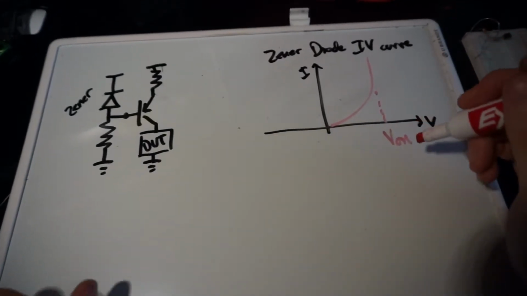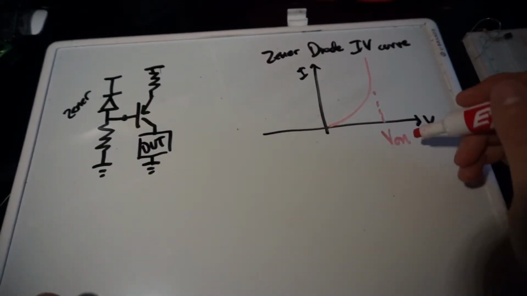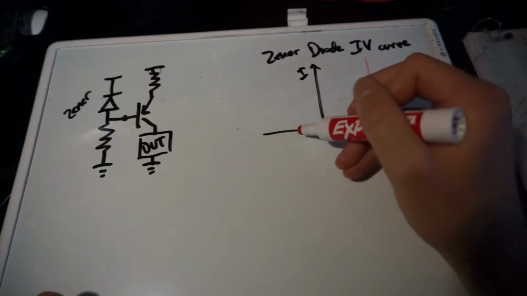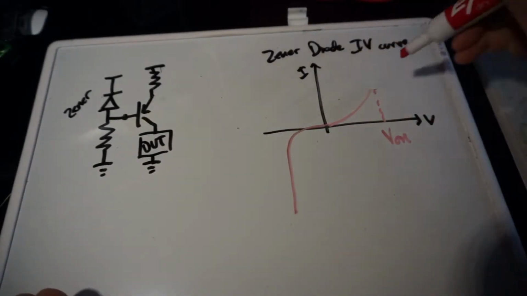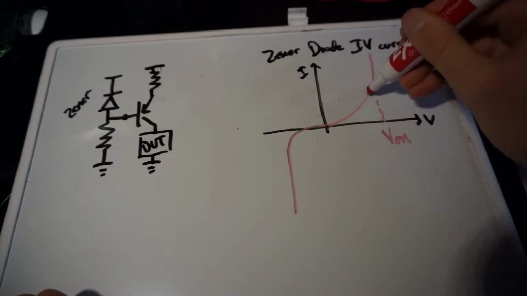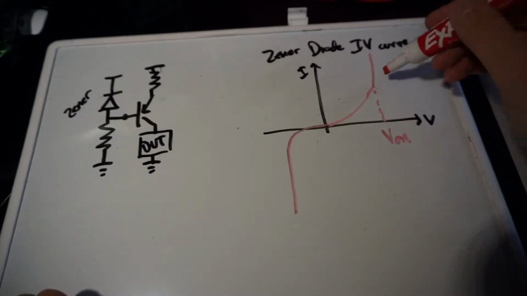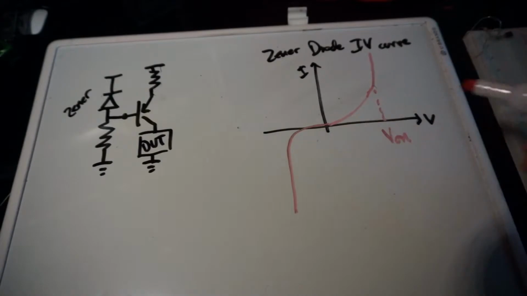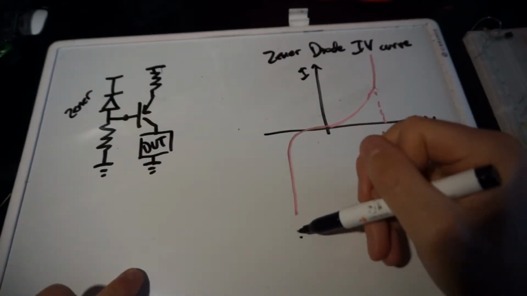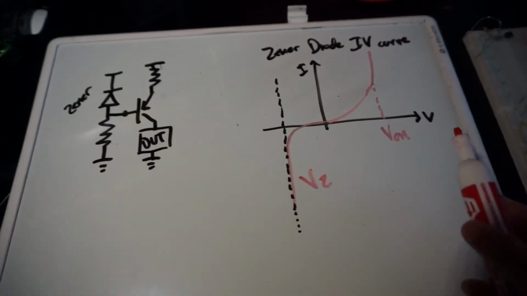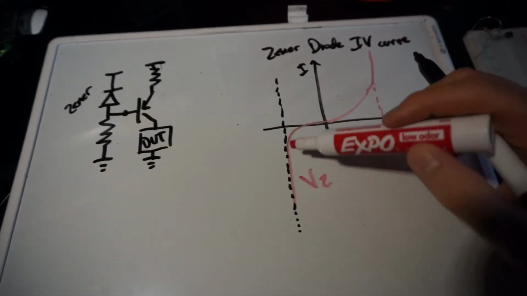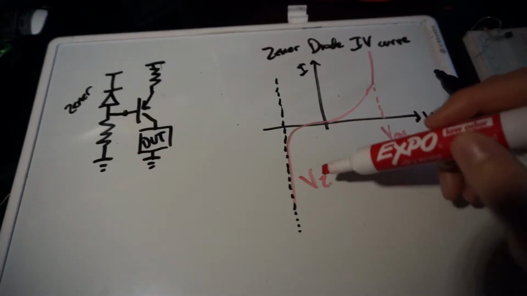So it has a typical on voltage, but in the reverse bias case, as you can see here, this is more like an exponential. So this thing doesn't actually become constant, but in the reverse bias case, the voltage across the diode is constant at the Zener voltage.